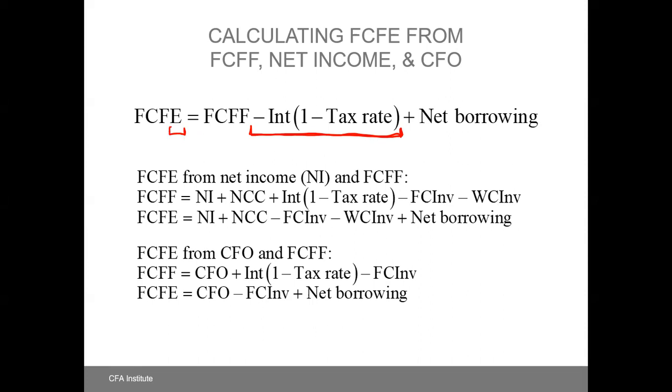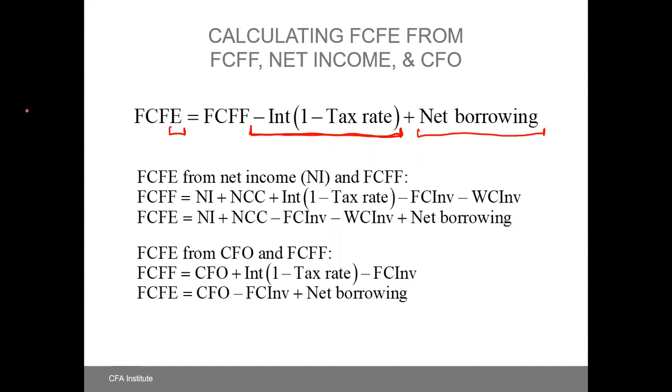Now, another interesting point to keep in mind: if we make a new borrowing from the debt holders, we get the cash balance. Do we get the cash balance? Yes.